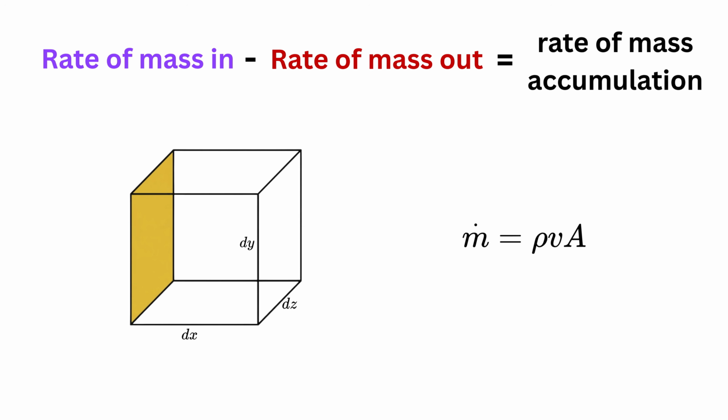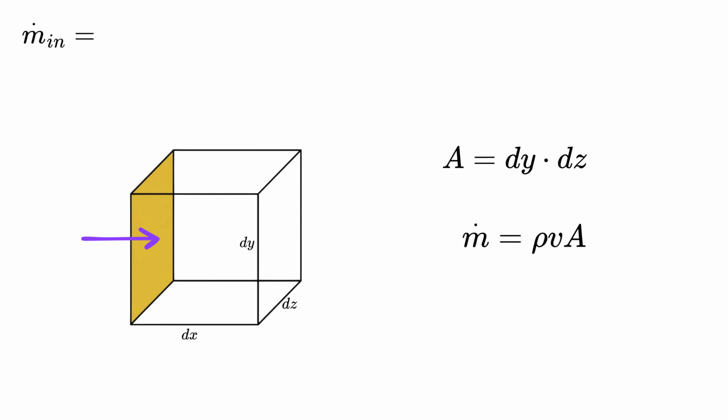Now focus on the left face of the cube. Fluid is entering through that face. The area of that face is dy multiplied by dz. So the rate of mass entering or flowing in from the left side is density multiplied by velocity in x direction multiplied by dy multiplied by dz.